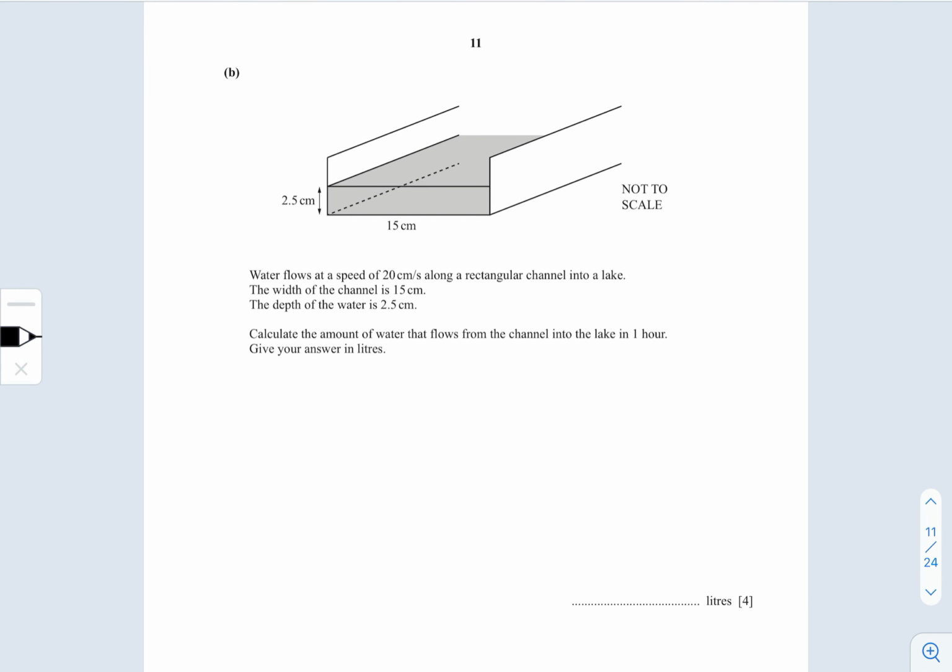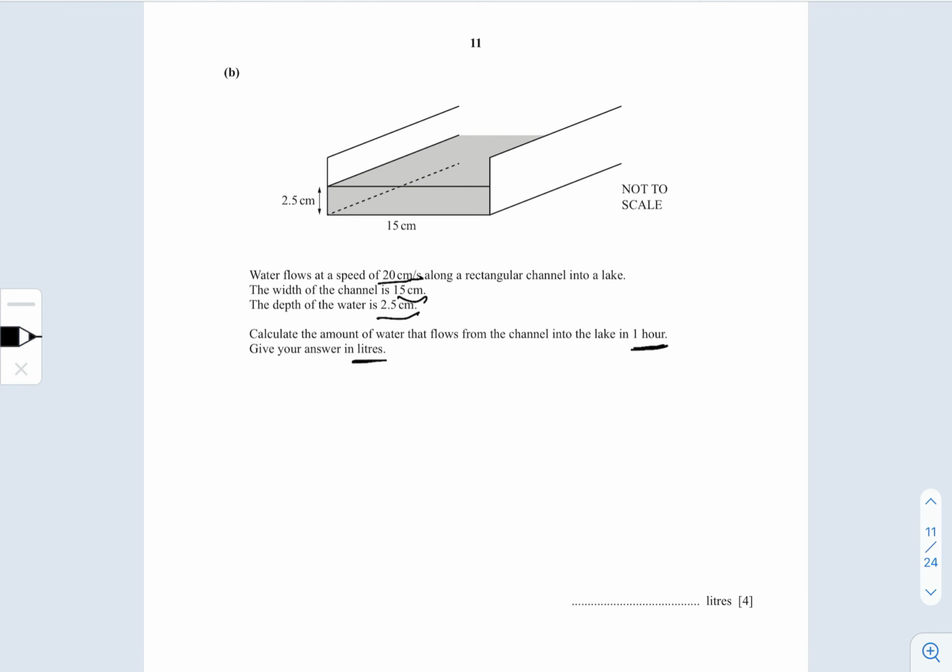The question says that water flows at a speed of 20 cm per second along a rectangular channel into a lake. The width of the channel is 15 cm and the depth of the water is 2.5 cm. Calculate the amount of water that flows from the channel into the lake in 1 hour, and give your answer in liters.